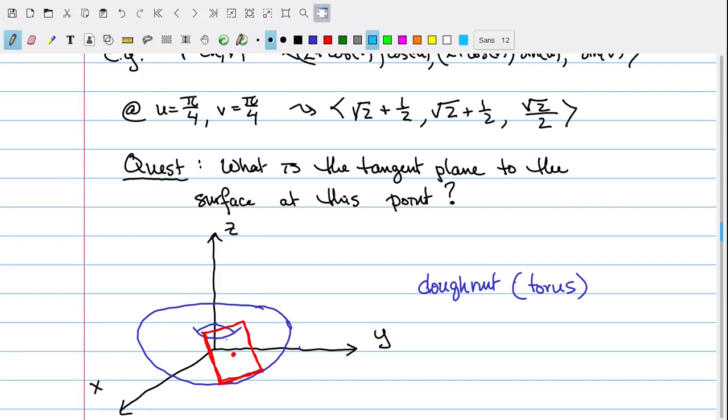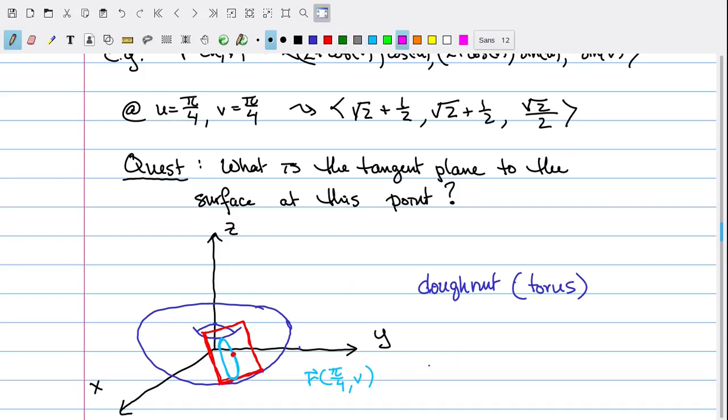And that's going to move, in this particular case, in a curve that goes around like this. That's the curve that's parametrized by r of pi over 4, v. So I only have one free parameter there, so it's not drawing a surface that time. The light blue is drawing a curve, just a one-dimensional thing.